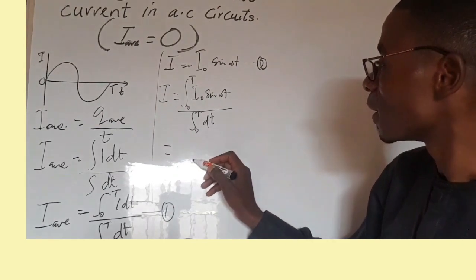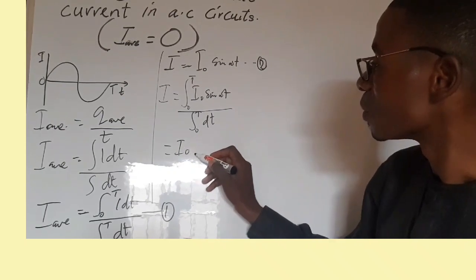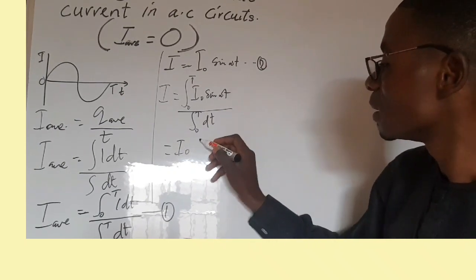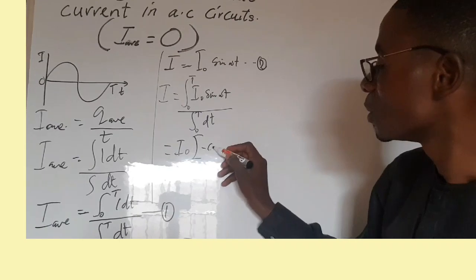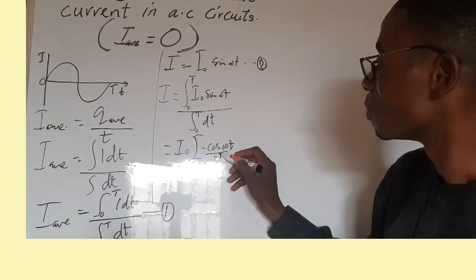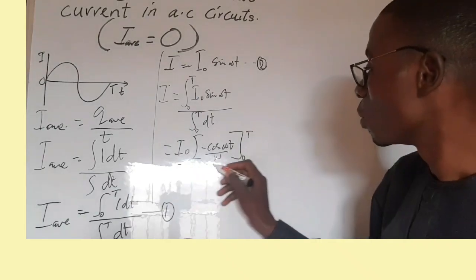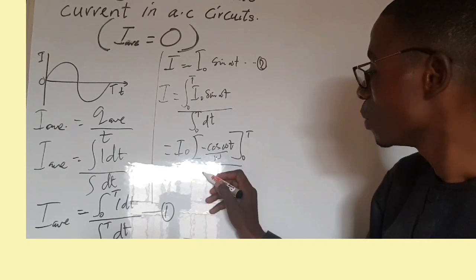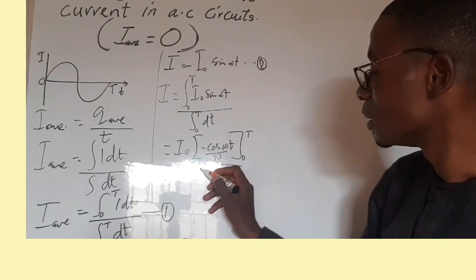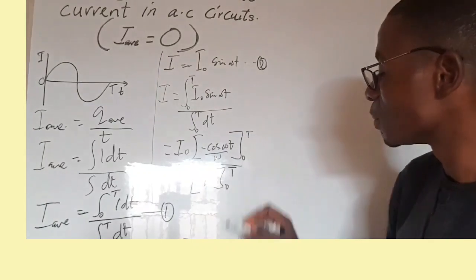Take out the constant, I naught is a constant. When you integrate sine, you have minus cos. You have minus cos omega t all over omega, still from 0 to T, all over, if you integrate dt, you have small t from 0 to capital T.